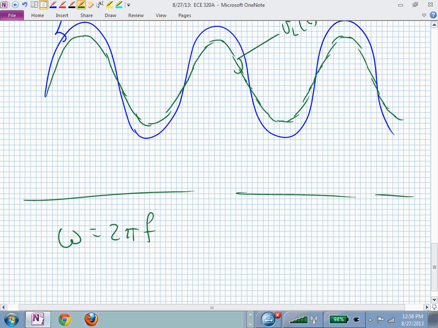But here it's 60 hertz. We know f. That was given. That was isolated out as the 60 in that expression. And in this class, we'll be doing a lot of things with 60 hertz. And so knowing 2 pi times 60 is roughly 377. Now you can memorize that and you won't need your calculator.